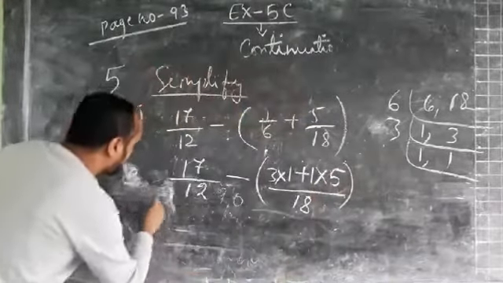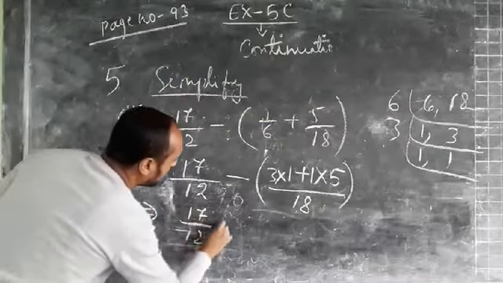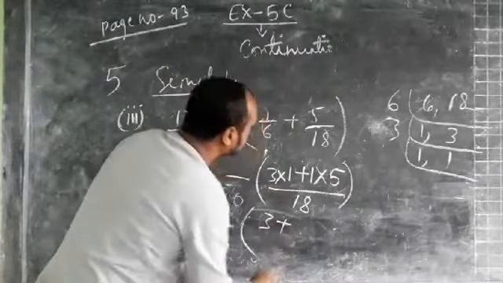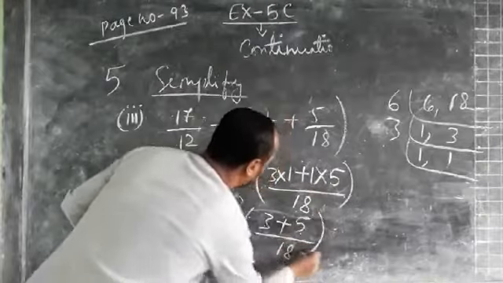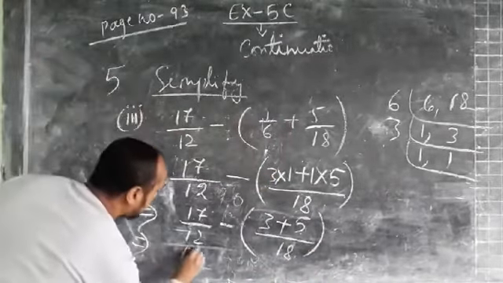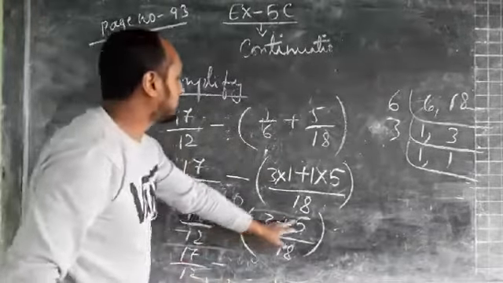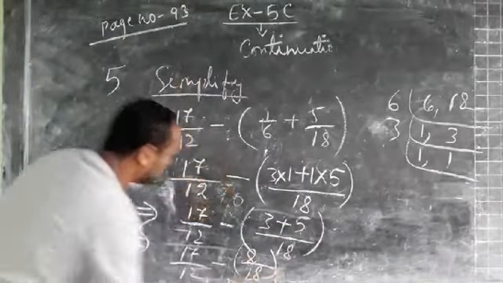Now next step we have 17 by 12 minus 3 1s are 3 plus 5 1s are 5 divided by 18. Now next step we have 17 by 12 minus 3 plus 5, 8. We have 8 by 18.